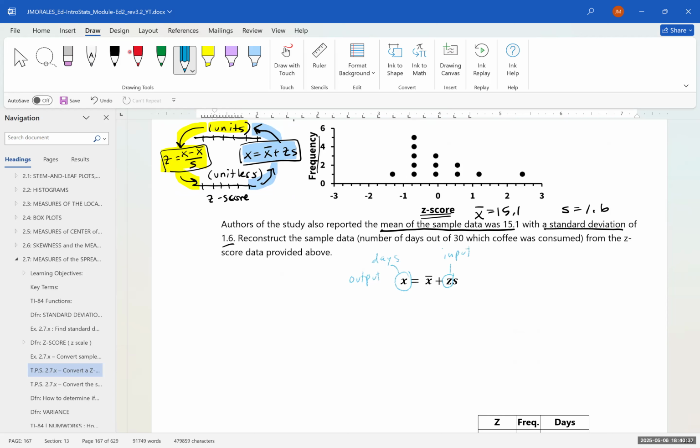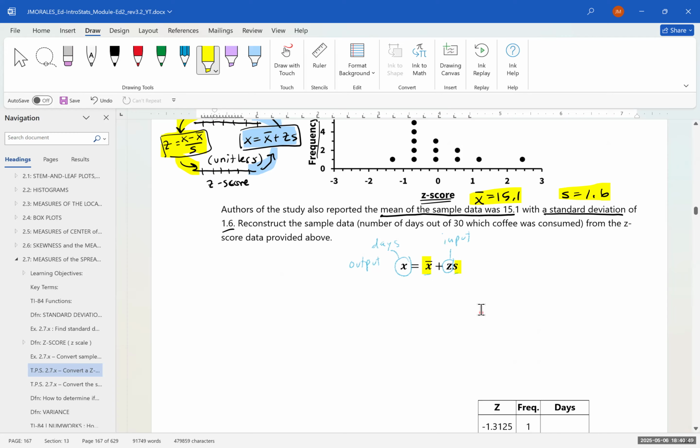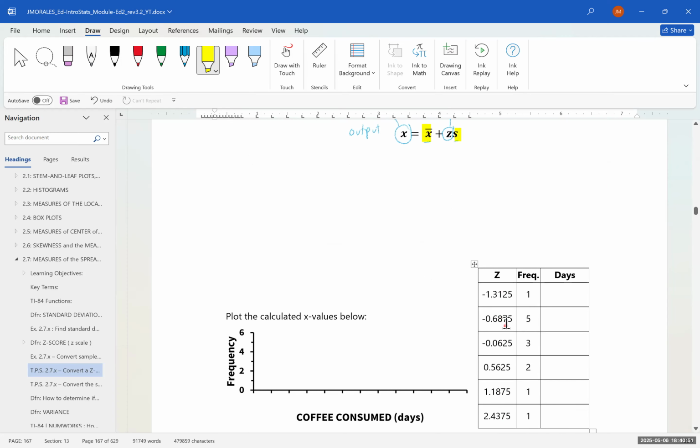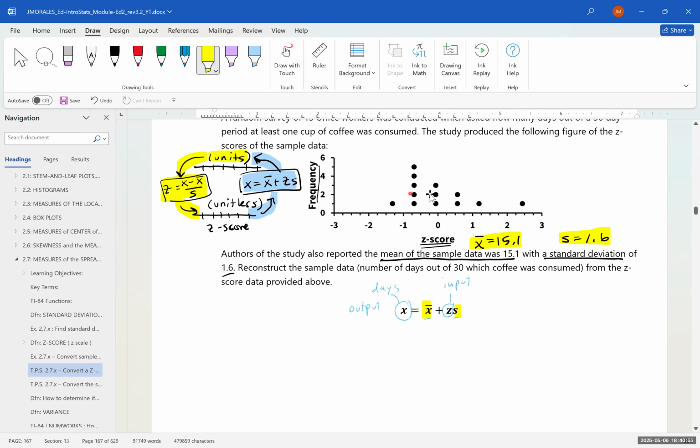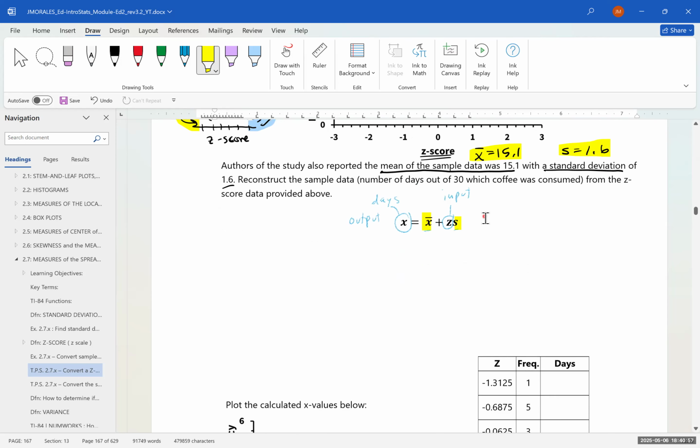What we need is x bar and s, and x bar and s is what was given to us. So we have everything we need. These input values are the values here in the table. We need this table because we can't get accurate enough numbers just by looking at the graph.